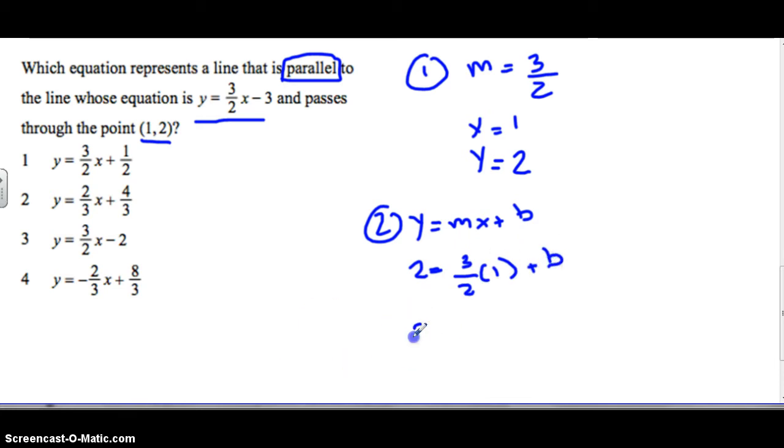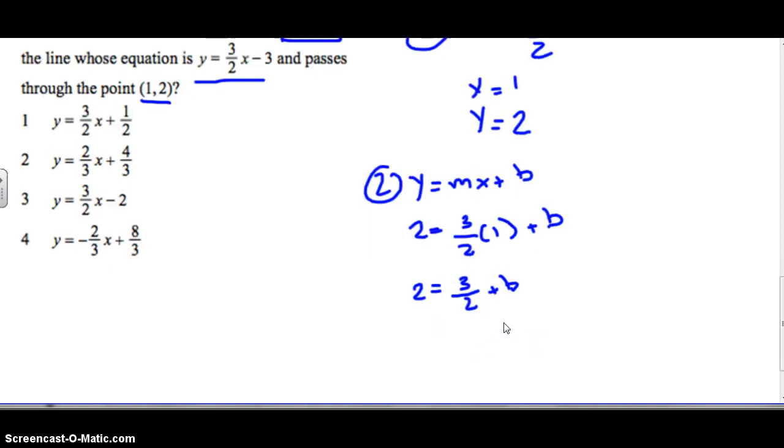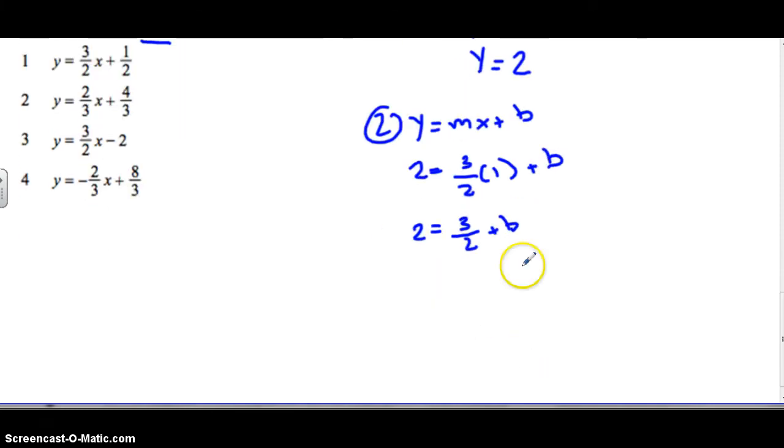Now, I know you might be freaking out here because when we multiply 3 halves by 1, we just get 3 halves. And what do we do now? Well, it's actually not that bad. It's the same thing we would always do. All we have to do is subtract 3 halves from both sides. And we're not going to freak out, because literally we can just plug it into the calculator.